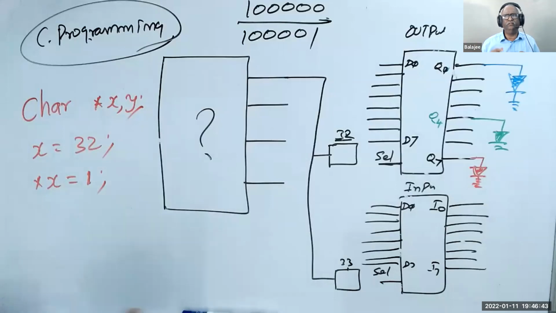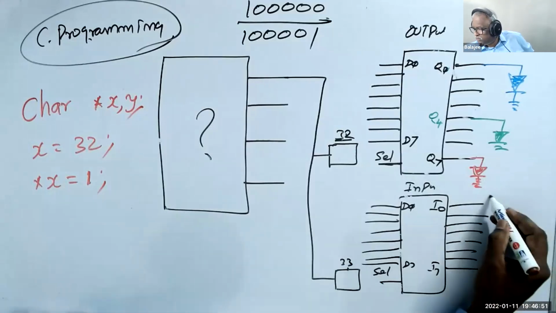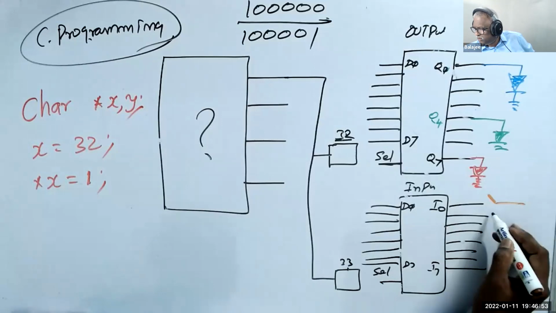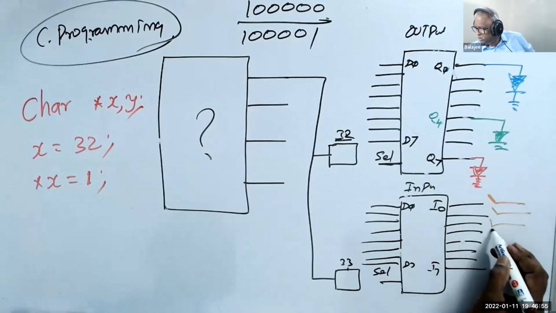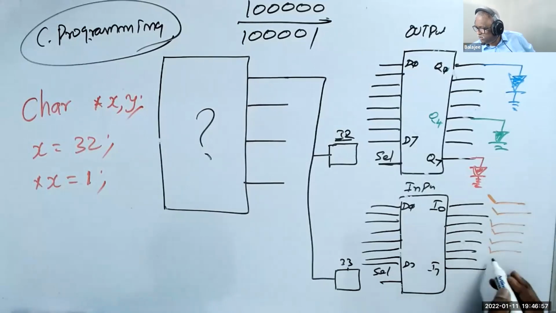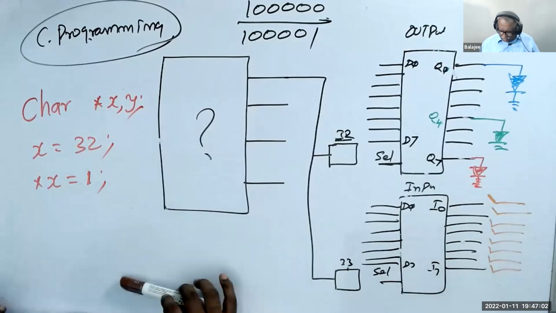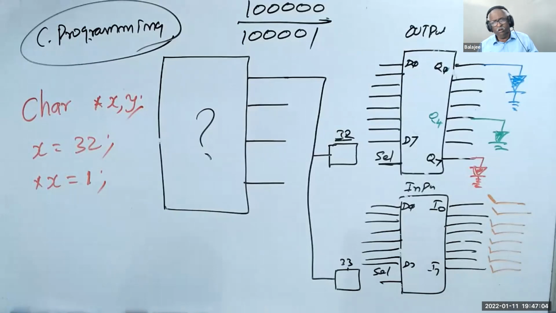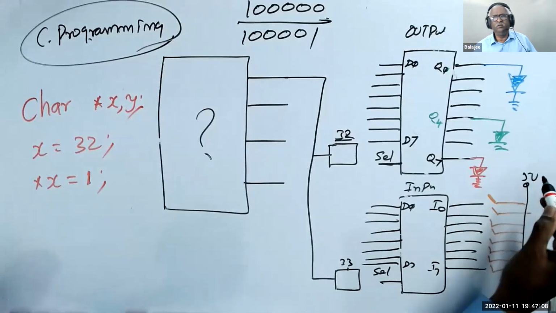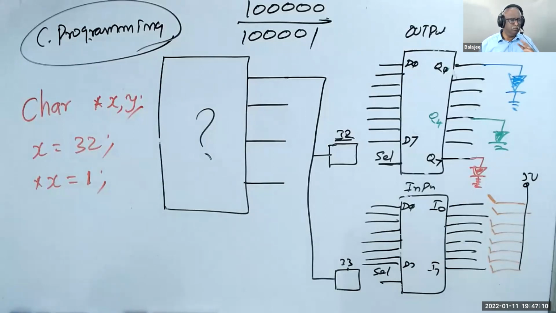Right, I connected. Bulb, understand the bulb. Now I have a switch here. Eight switches. All the switches are connected to 5 volt. Understand now? All the switches are connected to 5 volt.